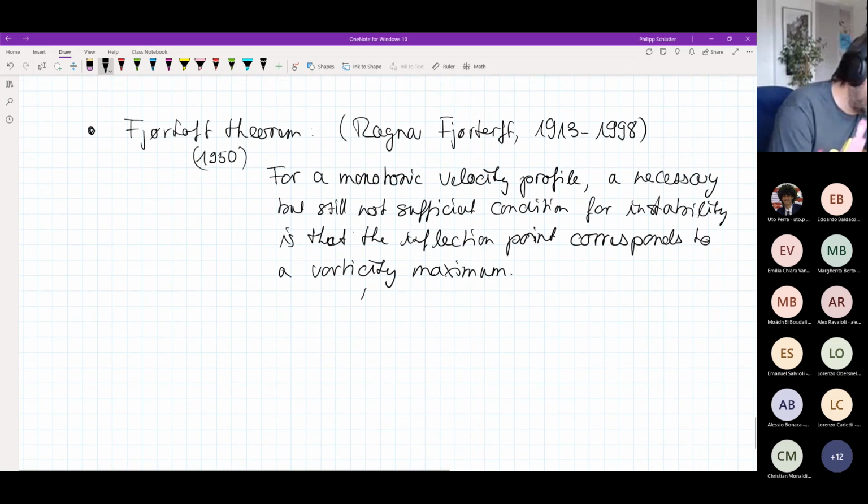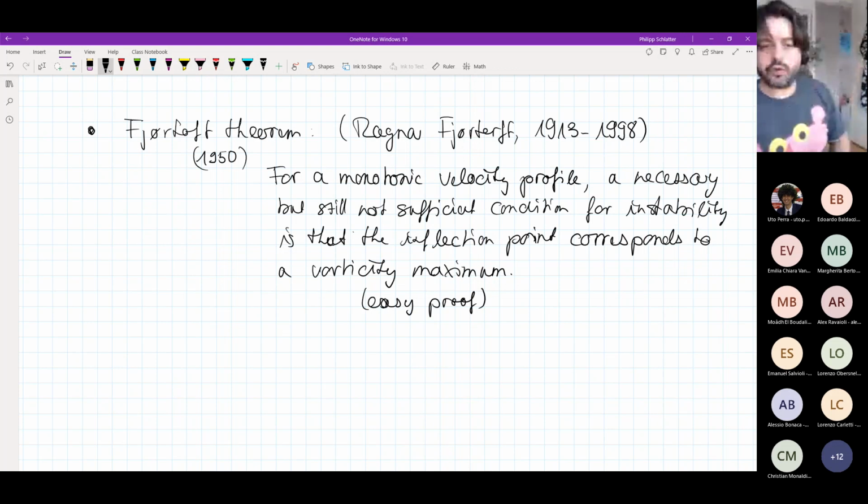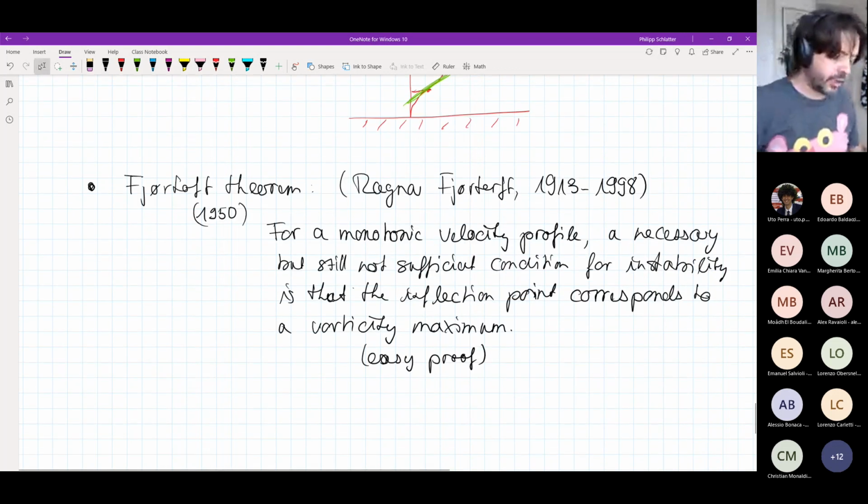As I said, this is an easy proof, and I refer you to textbooks if you want to look at it.